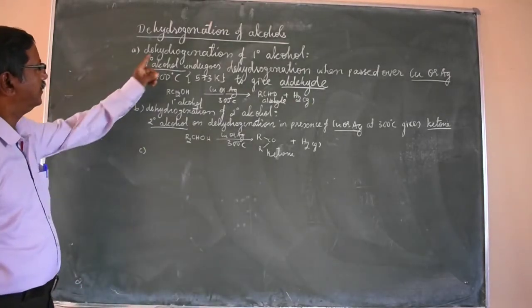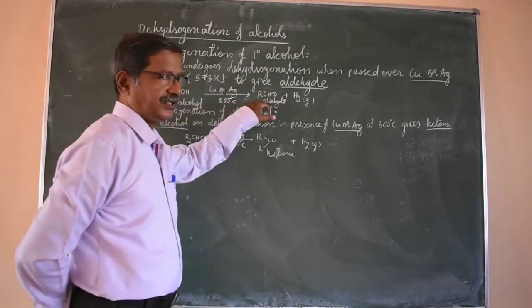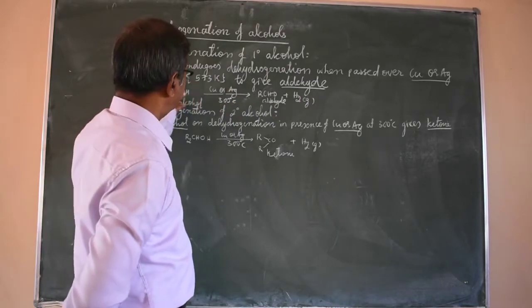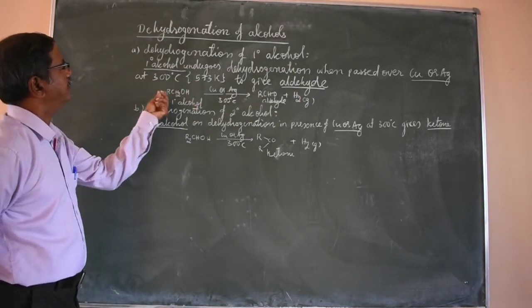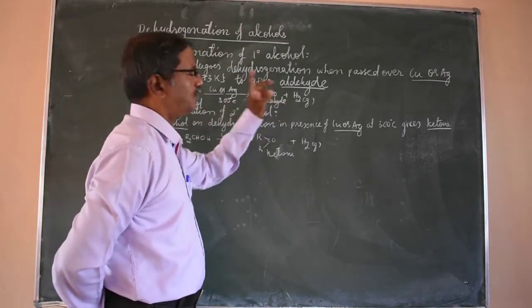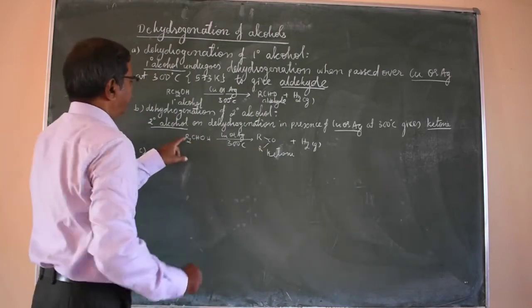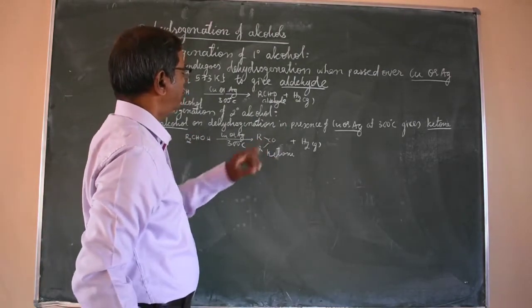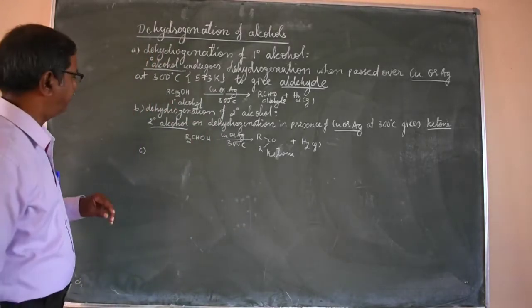So 1 degree alcohol on dehydrogenation gives aldehyde. Dehydrogenation means you have to remove H2 from the alcohol. So when H2 is removed, what remains is RCHO. When H2 is removed, what remains is R2CO, or it may be RCOR dash. That is ketone.